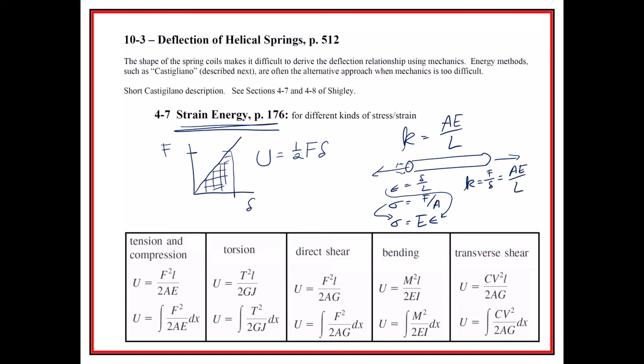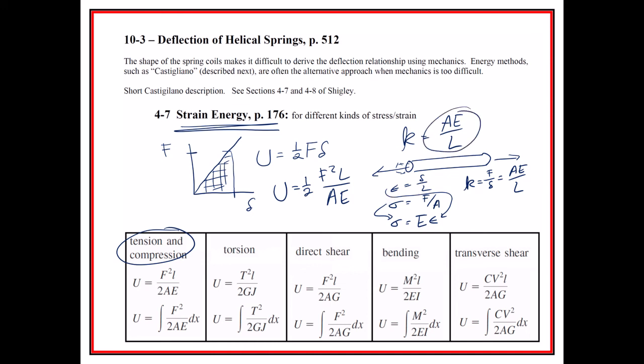So for that simple tension situation, we can get the strain energy now. We could replace this del or F, maybe you could say. We could replace it back into there, and we could find that U is going to be 1/2 F squared L over AE, right?